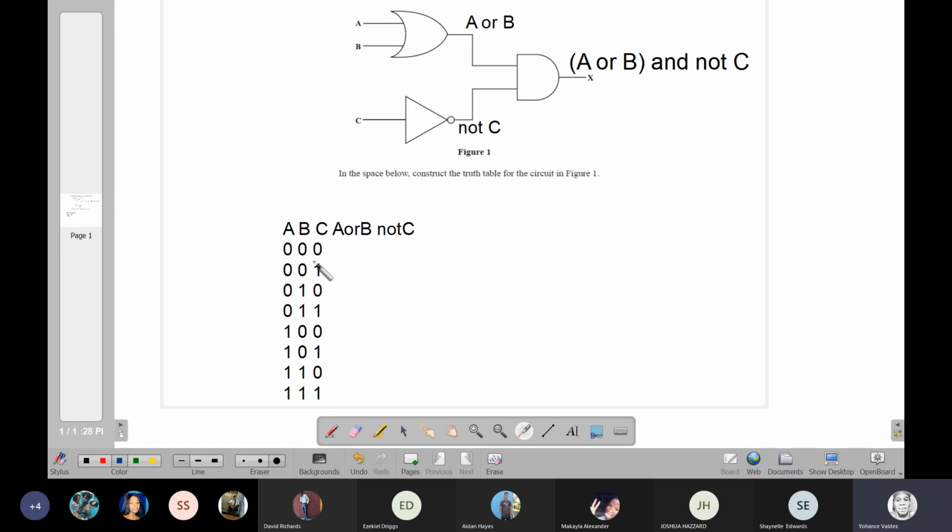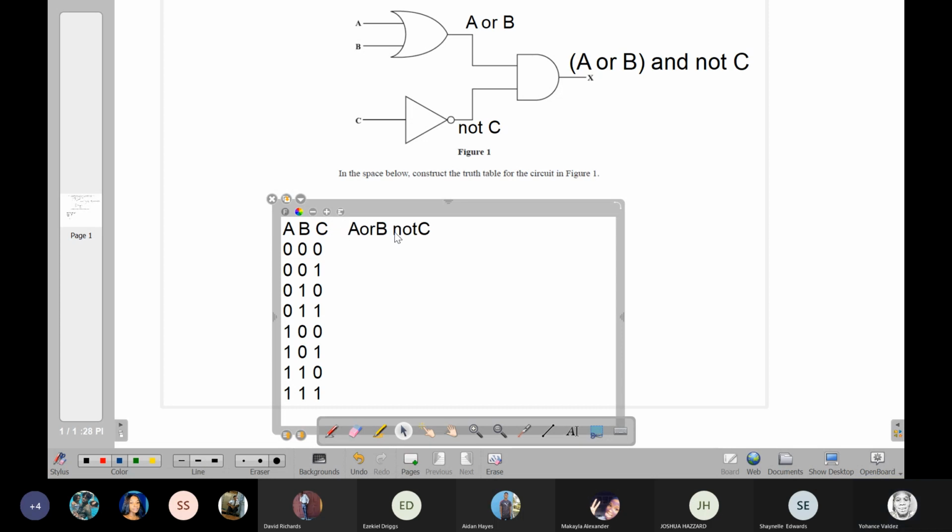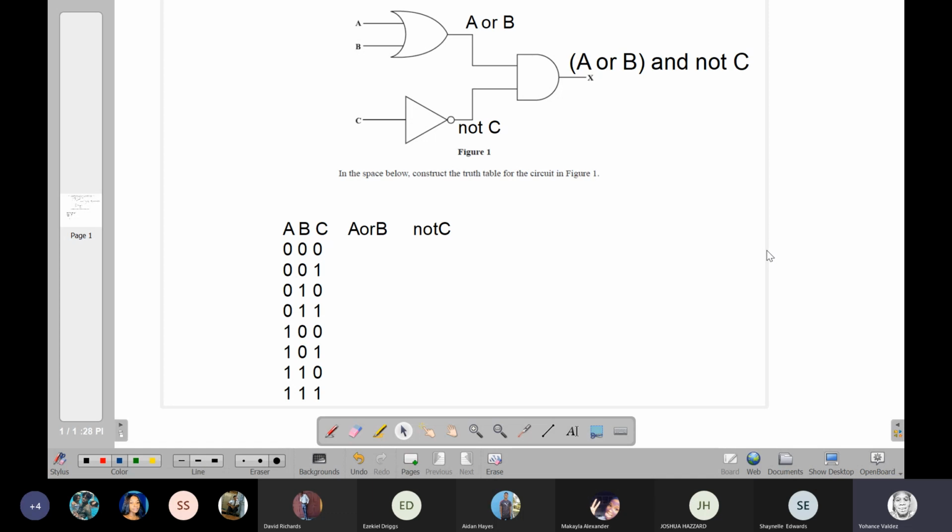All right, what I will do is I'll write in the rest, because this could get a little bothersome. Okay, so we want to do A or B, and looking at the columns A and B, we'll end up with 0, 0, 1, 1, 1, 1, 1, 1.